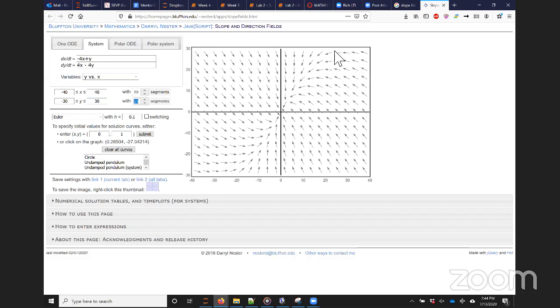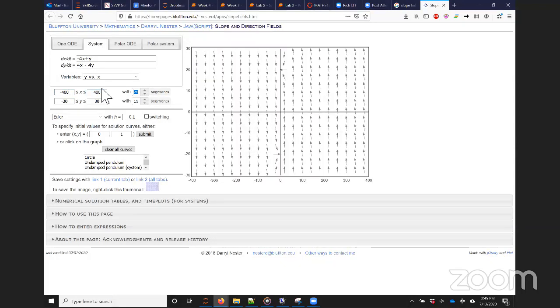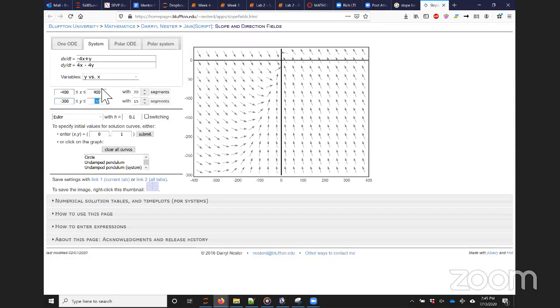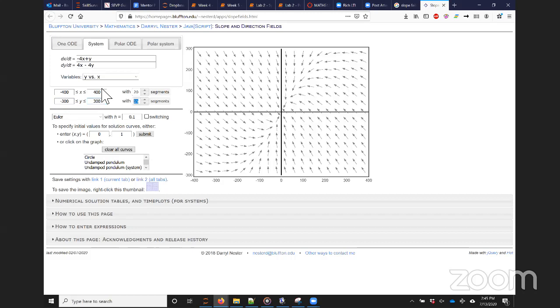You can see how going backwards, all the arrows are slowly turning into the farther out eigenvalue.